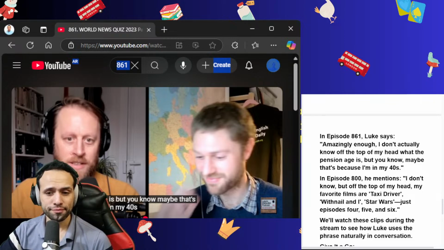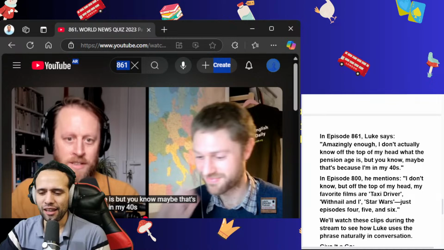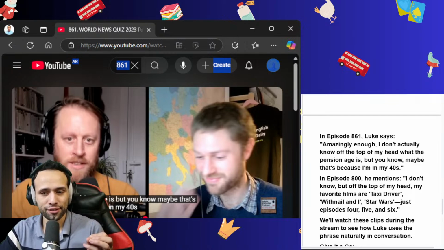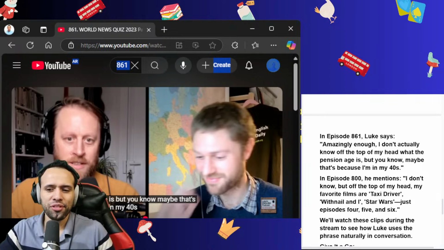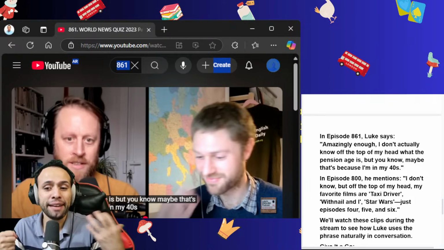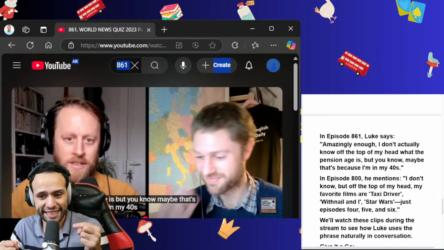So in this example, Luke acknowledges that he doesn't immediately recall the exact pension age, and he attributes this to his current age, being in his 40s. And so this serves as a light-hearted way to explain his lack of immediate knowledge on the subject, which suggests that because he's not yet at the typical pension age, it's not information he keeps readily available.